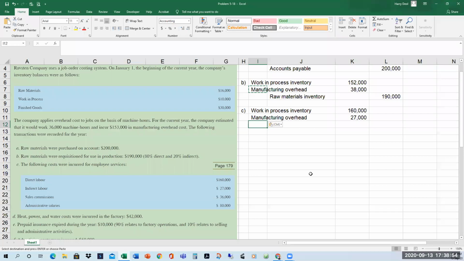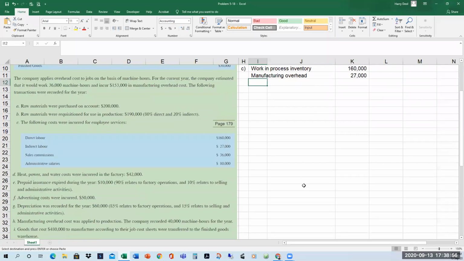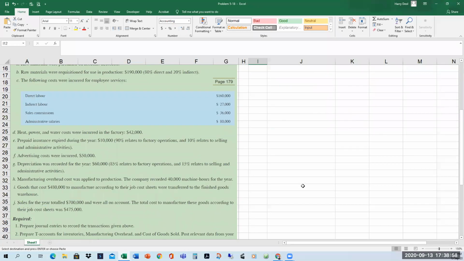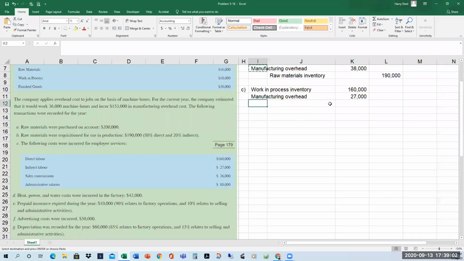And then thirdly, for the sales commissions and for administrative salaries, you could debit. So for purposes of the midterm exam question, you are asked to record these into a T account called operating expenses.